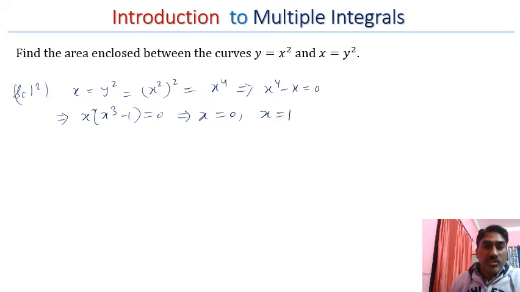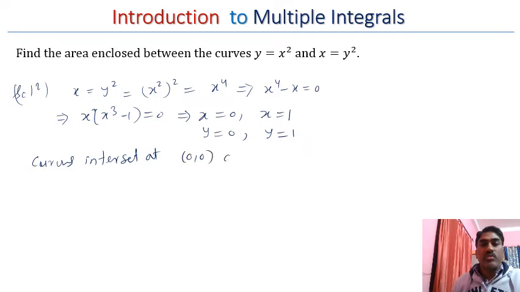So when x is equal to 0, you can infer from any of the curves that y is also equal to 0, and when x is equal to 1, y is also equal to 1, means the curves intersect at (0,0) and (1,1). So the area bounded by these two curves lies between (0,0) and (1,1).